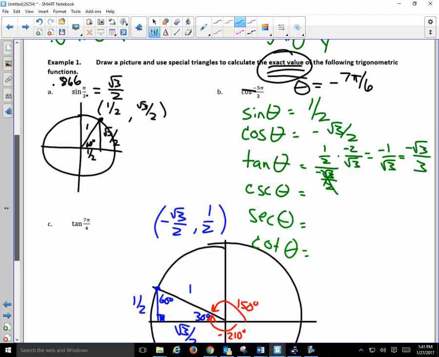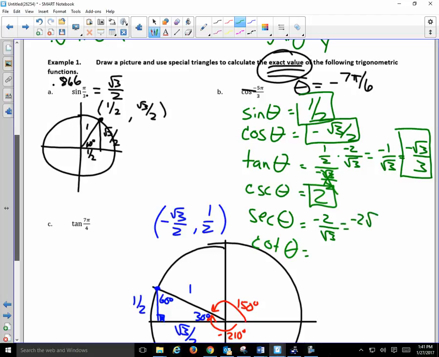Cosecant. Yeah, the reciprocal of 1/2 is 2. Reciprocal of cosine, secant, would be negative 2 over the root of 3. Can't leave that root of 3.